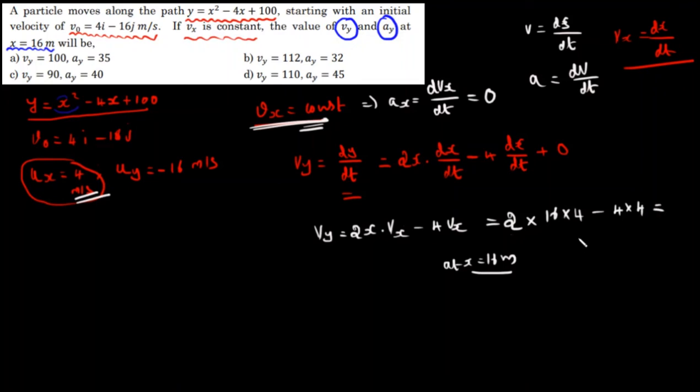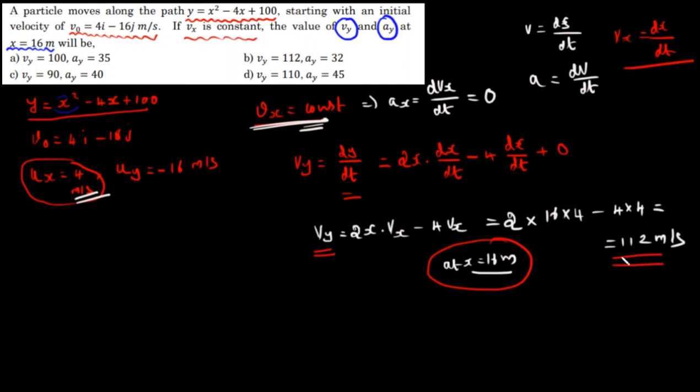If I solve this, I will get vy directly, and that's going to be 112 meter per second. So the y direction velocity when x is 16 meter was 112 meter per second.